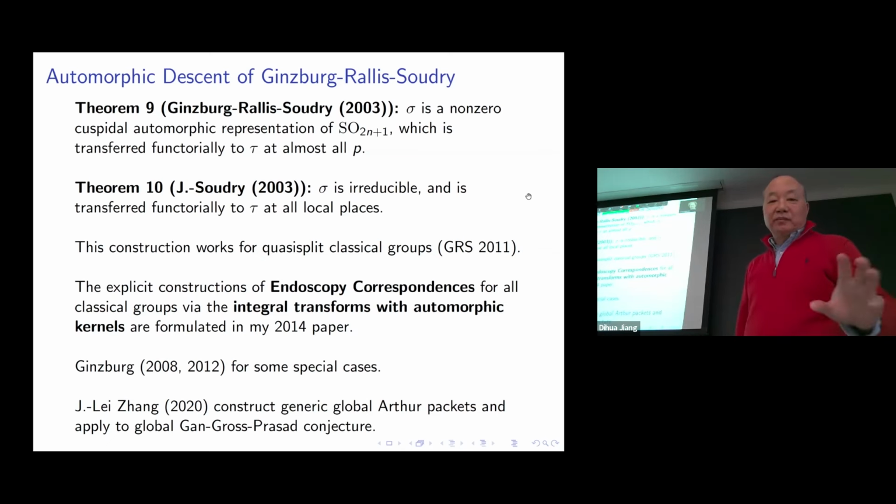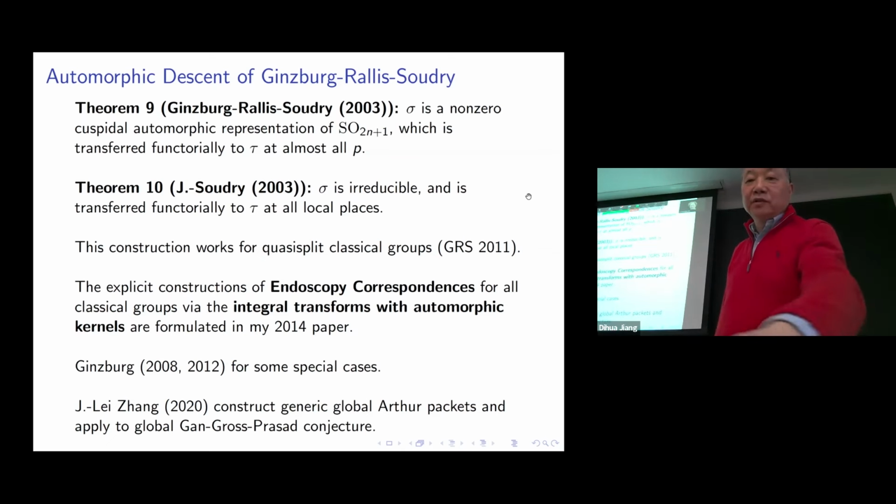But this construction can be formulated and proved for all quasi-split classical groups. This is in their book, Ginzburg, Rallis, Soudry, 2011. This construction can be extended to non-quasi-split groups, or even more general. This is like a special type of endoscopy; you can do general endoscopy by integral transforms.